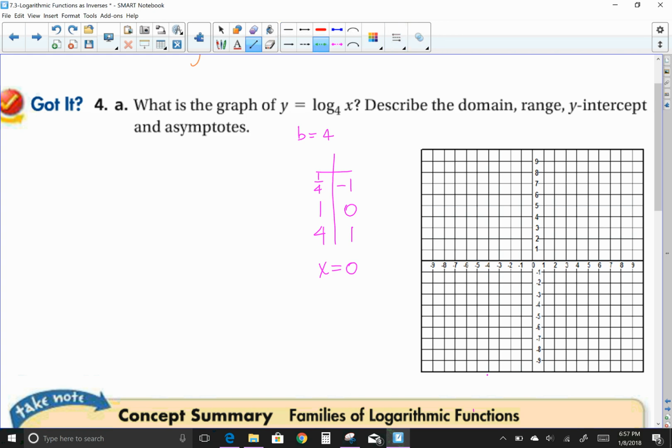Let's see. There's my asymptote. I think this is 0 right there. Okay, and let's go plot those. So at 1, I have 4. Nope, silly me. At 4, I have 1. At 1, I have 0.